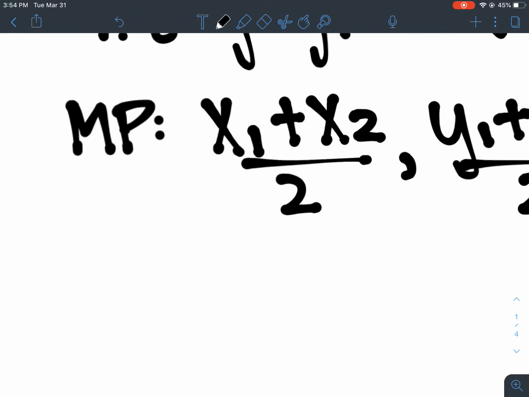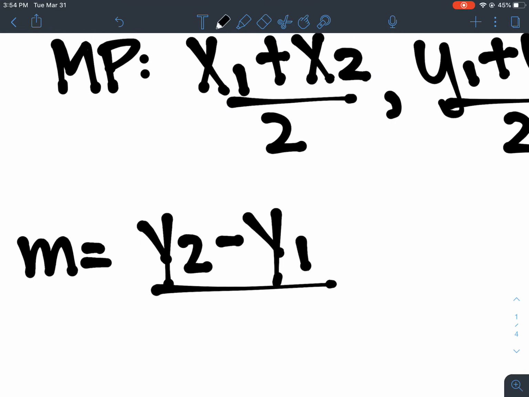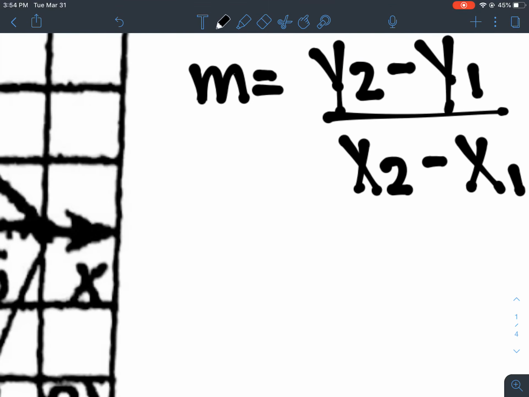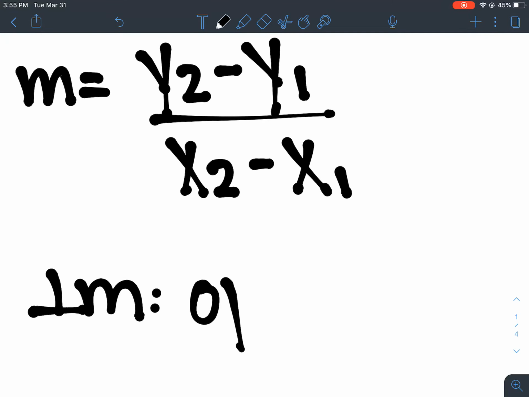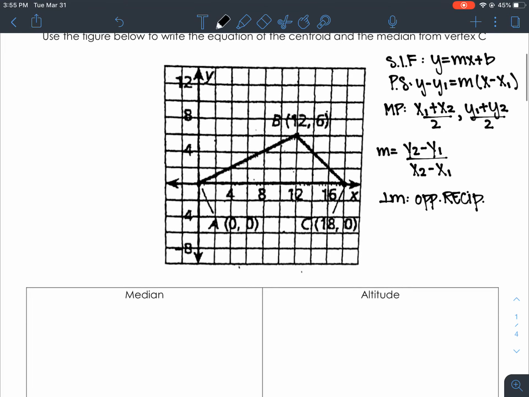We're going to be using the slope formula, which is y2 minus y1 all over x2 minus x1. Okay. And we're going to be talking about perpendicular slopes. And if you guys remember, perpendicular slopes are opposite reciprocals. Okay. So all of this is going to come into play when we're doing these questions.